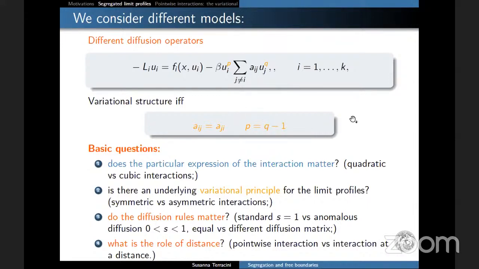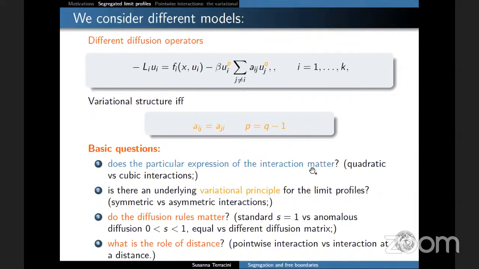Of course, one could elaborate more, but these two last cases will be of interest in this talk.